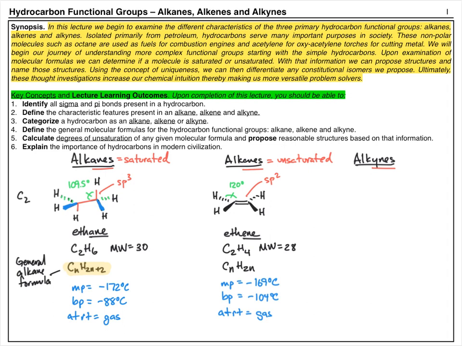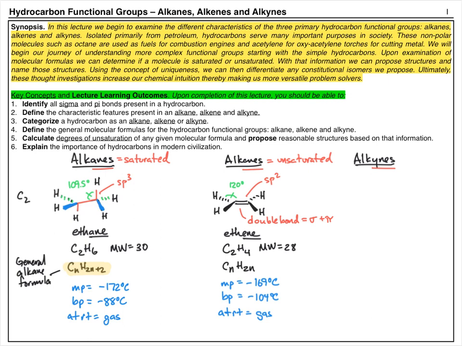So if we look at ethene, our first alkene we're studying here, we can see the presence of the pi bond, so this double bond, which is equal to a sigma bond plus a pi bond. The pi bond is what we refer to as unsaturation.